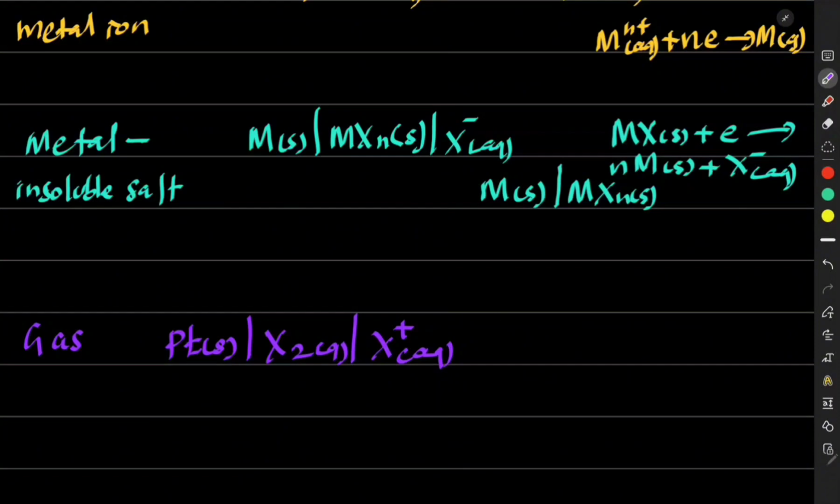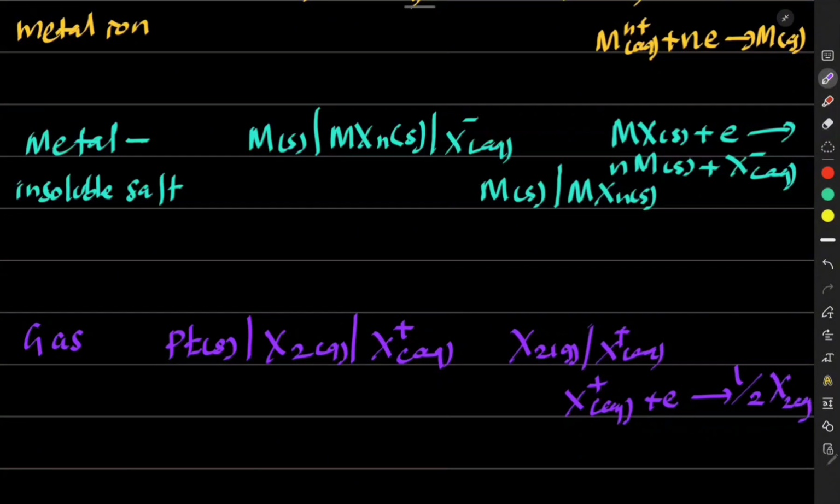The redox couple is X2 gas and X plus aqueous, and the reduction half reaction is X plus aqueous plus electron forms X2 gas.